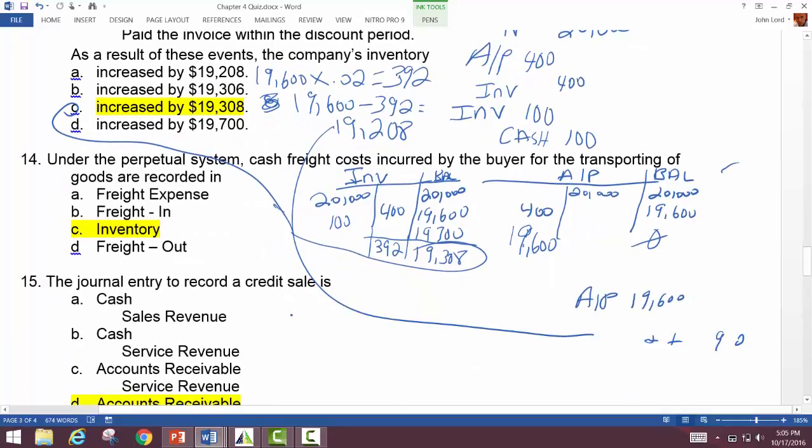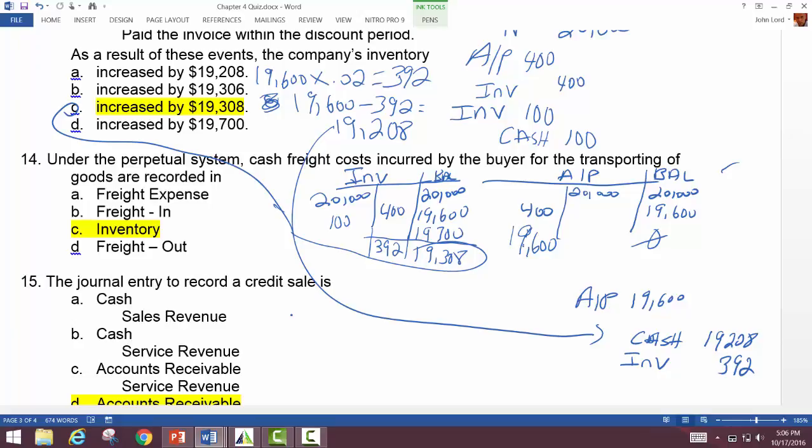So when I make my journal entry for that, I of course debit the account payable for the full 19,600 because he says, I'll take 19,208 if you pay me now, right? So I debit it for the full 19,600. That was the original 20,000 minus the 400, so I'm paying him now whatever I owed him, right?